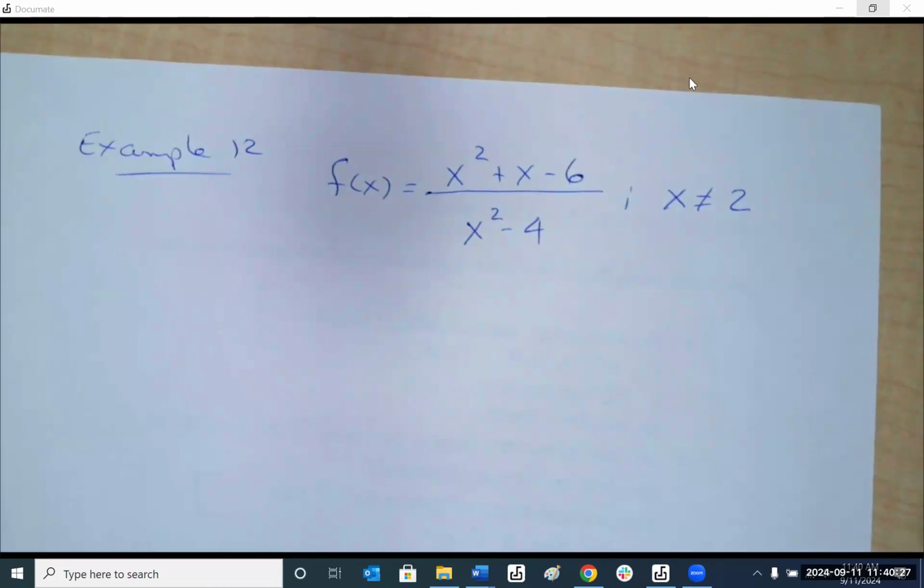From algebra, what do you know about what this graph is going to look like? Does it have any asymptotes? If so, where? Because that's exactly what we're going to cover in the last section, the asymptotes.